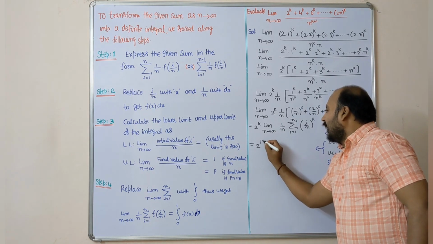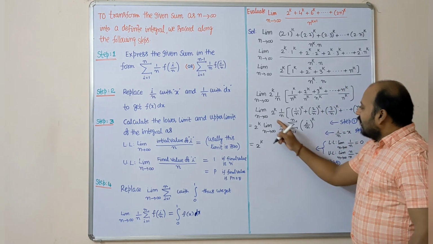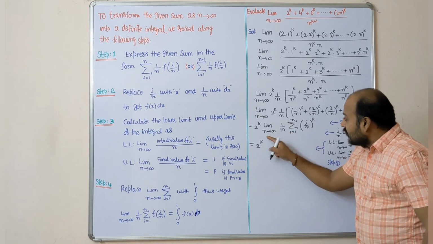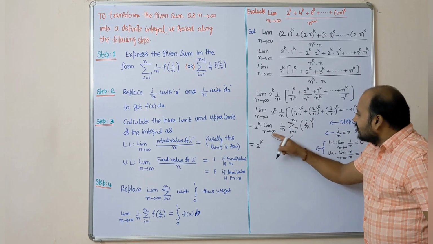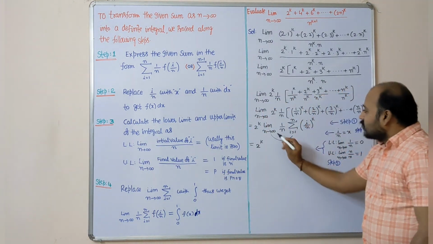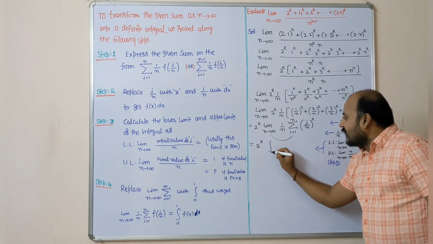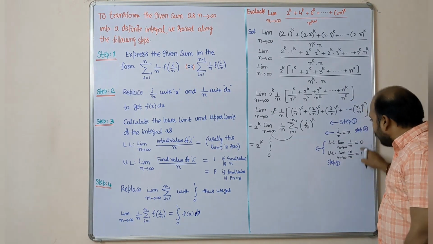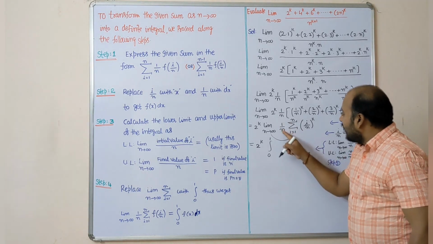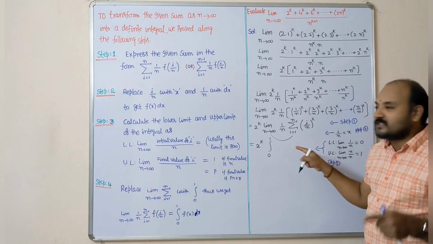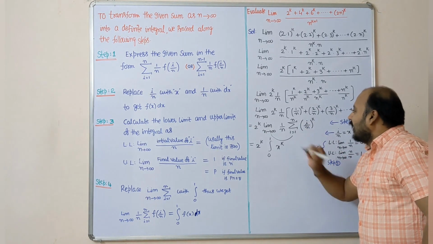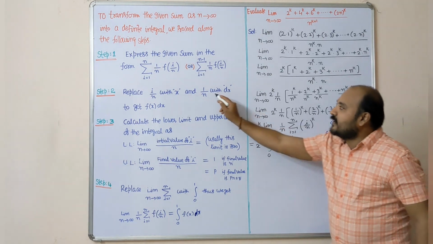So 2^k, limit n tends to infinity, 1 by n and sigma, these two will become the integral from 0 to 1, lower limit to upper limit. Here lower limit is 0, upper limit is 1. Next, i by n is equal to what? x^k. In place of 1 by n, dx.